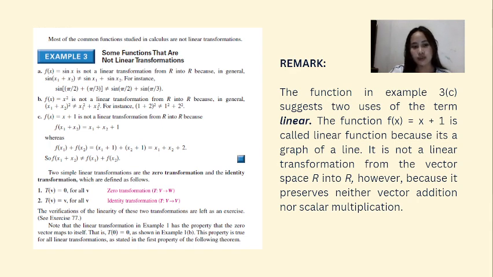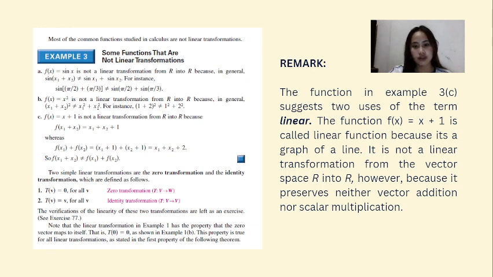T of v is equal to 0 for all v, that is called the zero transformation, where T is mapped from V to W. And T of v is equal to v for all vectors v, that is called the identity transformation, where T is mapped from V to V. The verification of the linearity of these two transformations is left as an exercise.